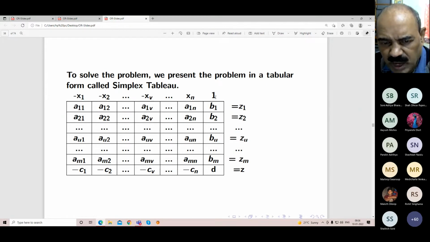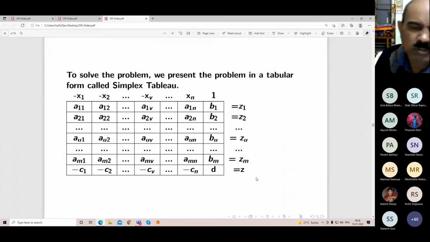So d into 1, that is d, equal to z. So this is becoming our table. This is called the simplex table. We like to use this simplex table to calculate the optimal value. We'll discuss how we are doing so.